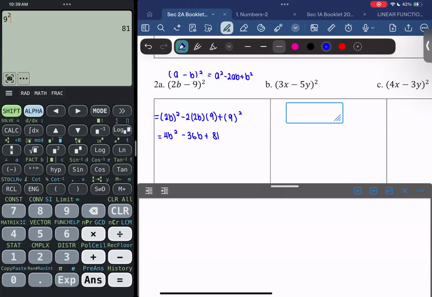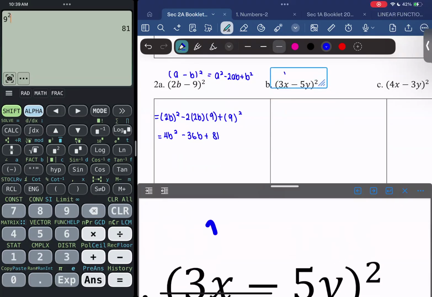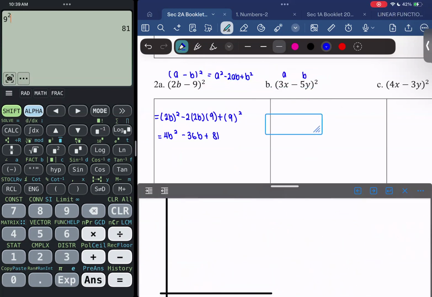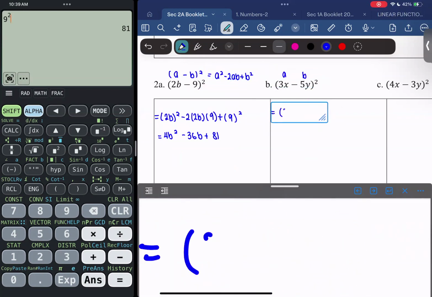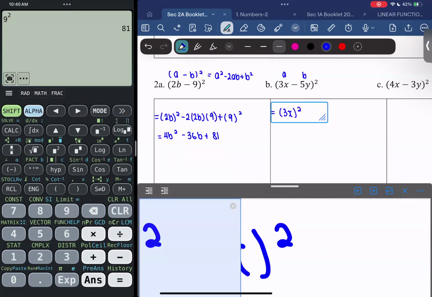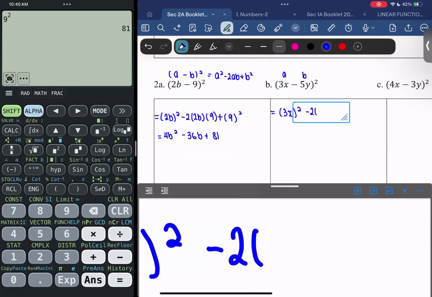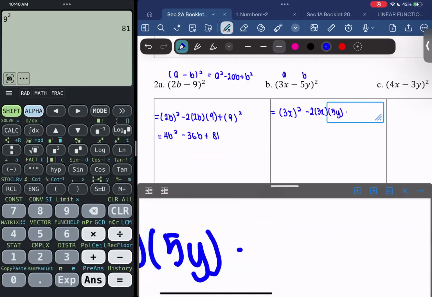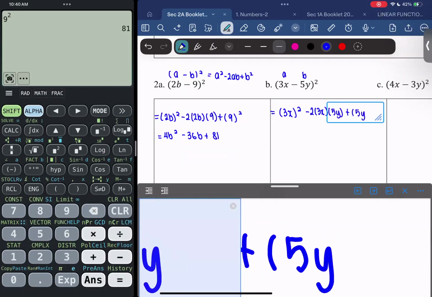Same thing here. This is a, this is b. I'm going to put it in the formula. So 3x squared minus 2 times 3x times 5y plus 5y squared.